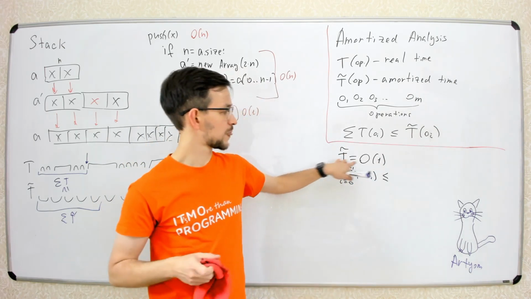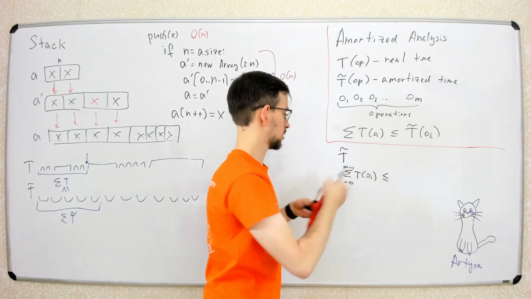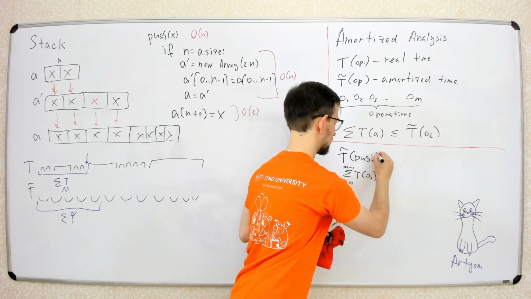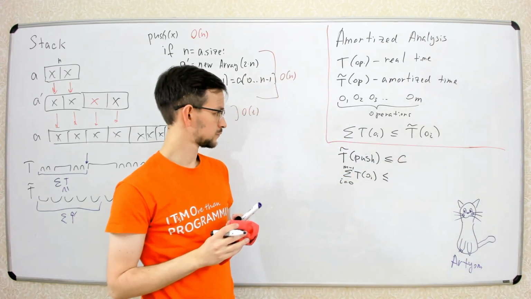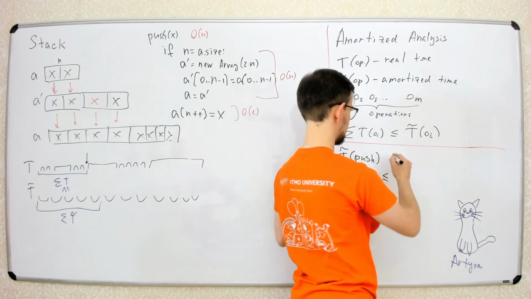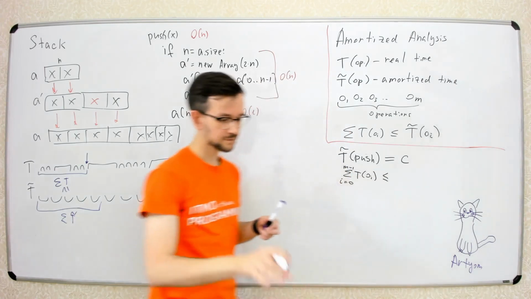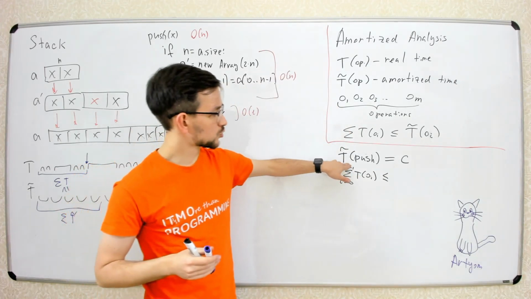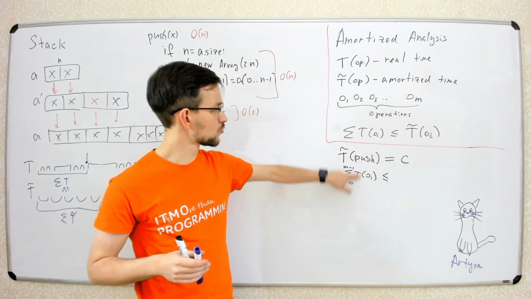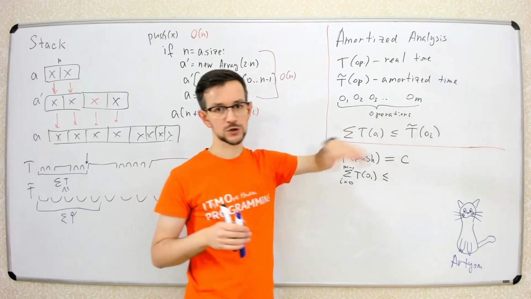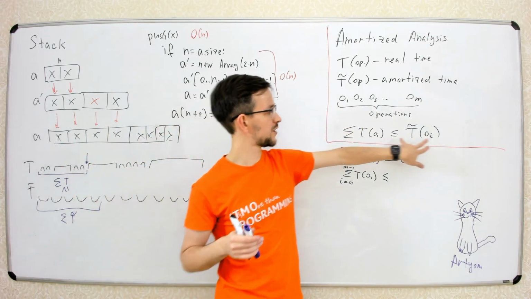So if I want to prove that the amortized time of push equals C, I need to prove that for each sequence of consecutive operations, the total time of these operations will be no more than this sum.